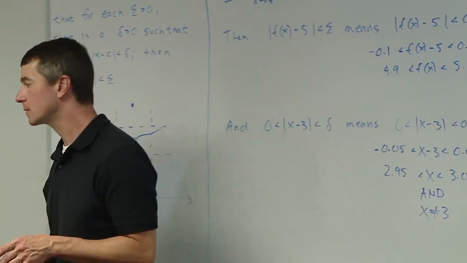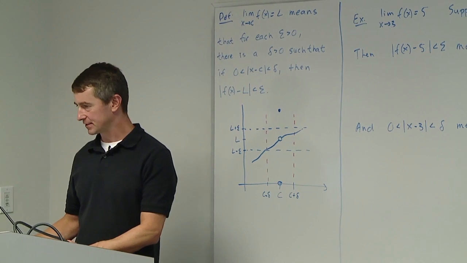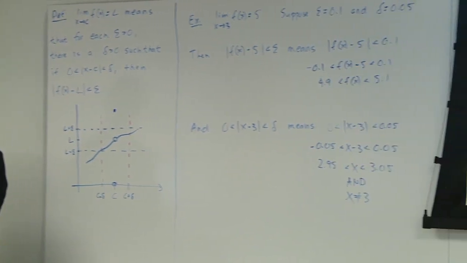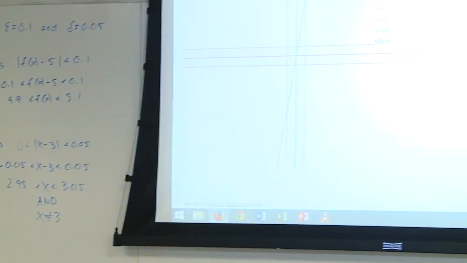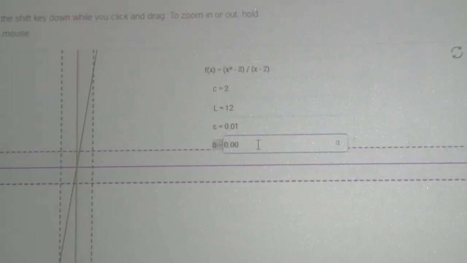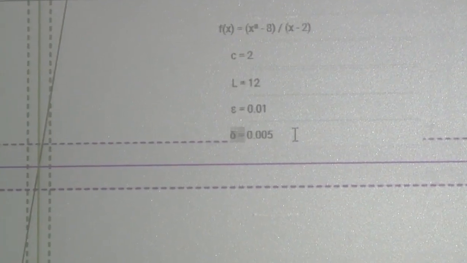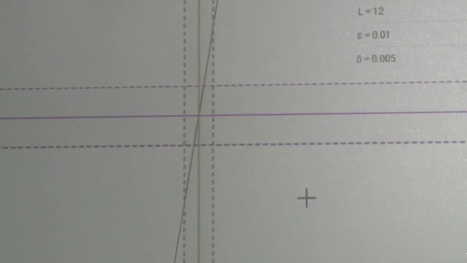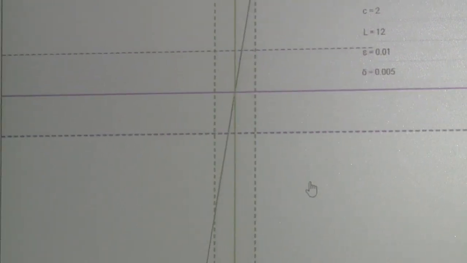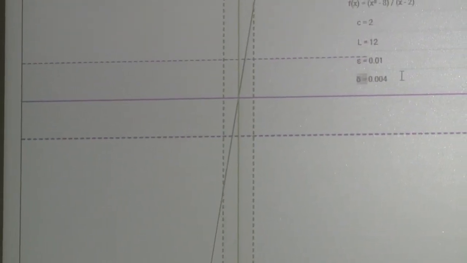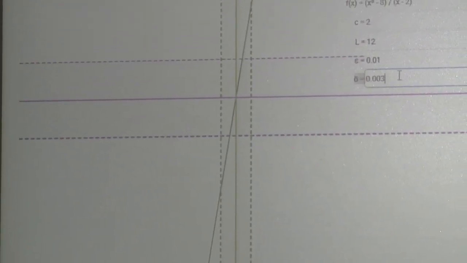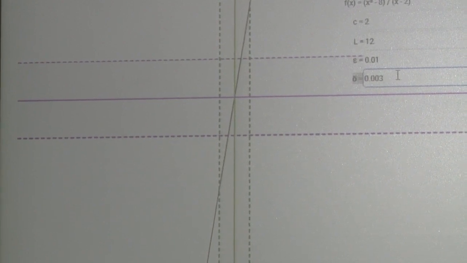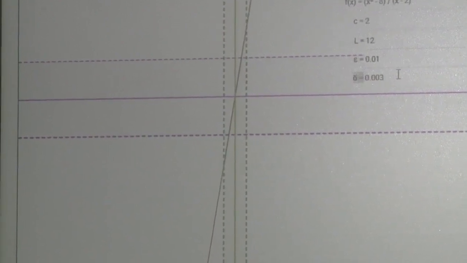So here this delta is not working, right? It's much too big. So how about 0.05? You're way too optimistic. Does that work? No. 0.04. 0.004 is what I meant. 0.003.